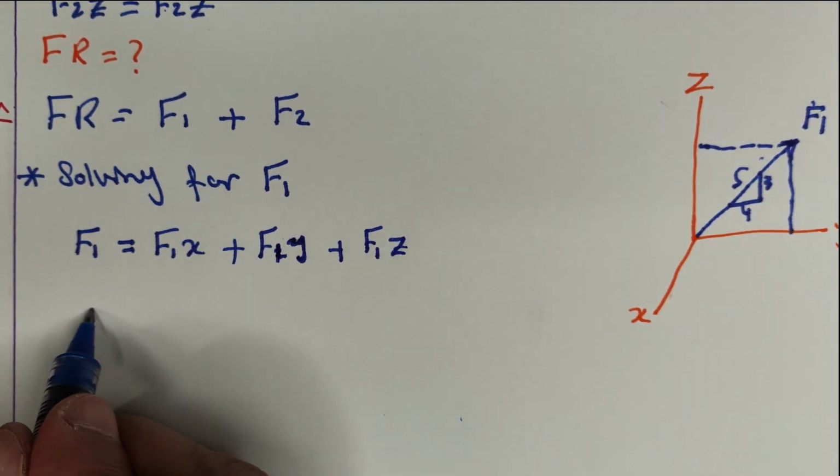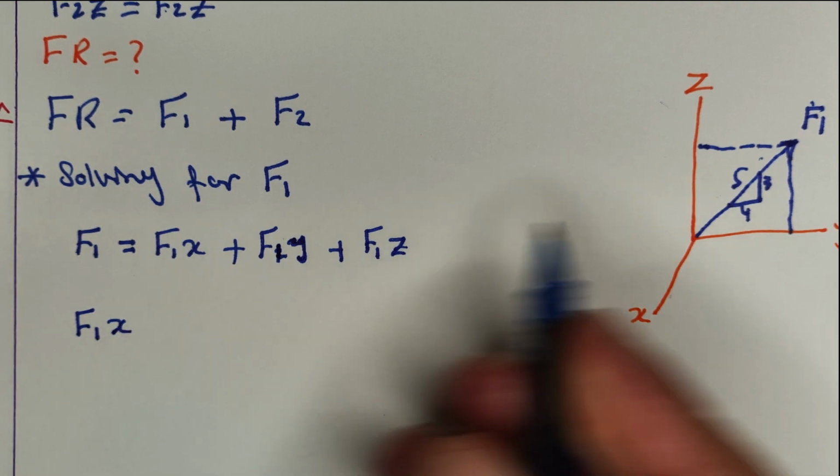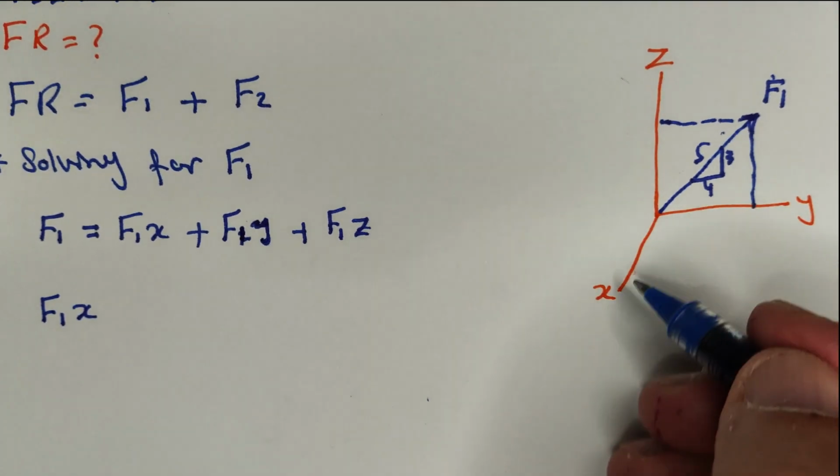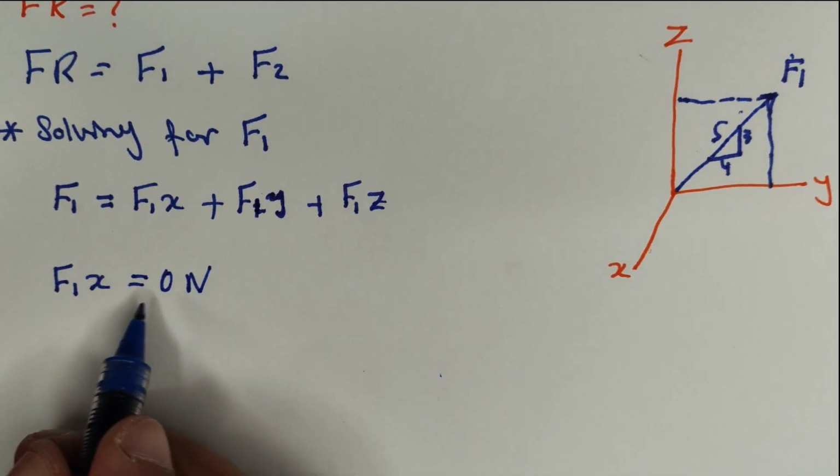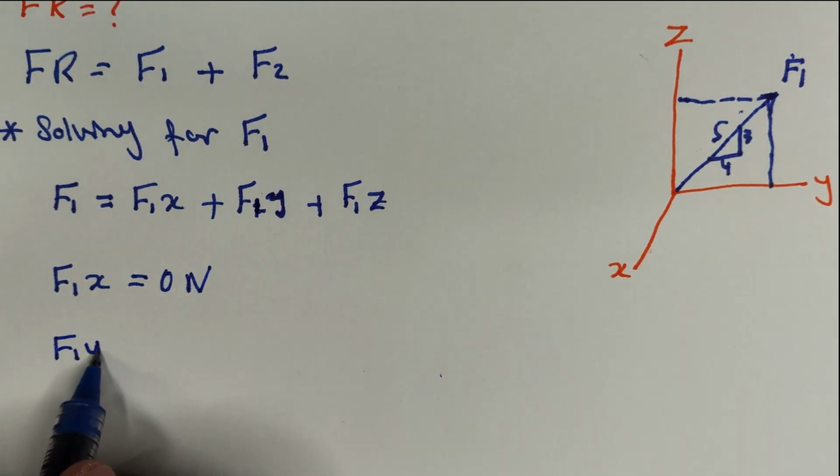F1 on the X direction doesn't have anything, therefore F1 on the X direction is equal to 0 Newton.